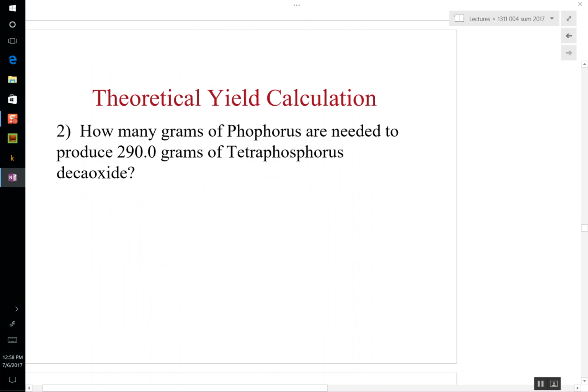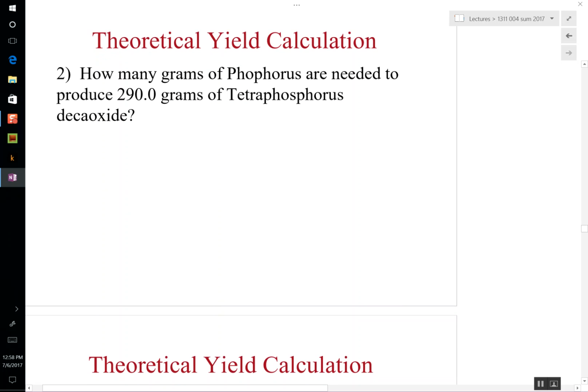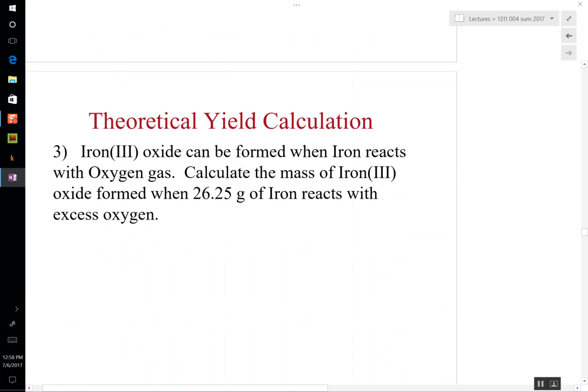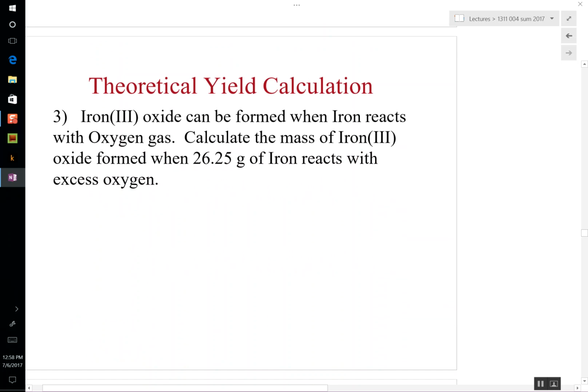Theoretical yield calculation. How many grams of phosphorus are needed to produce 290 grams of tetraphosphorus decaoxide? So you'd have to write an equation there. Theoretical yield calculation. Iron oxide can be formed when iron reacts with oxygen. Calculate the mass of iron(III) oxide formed when 26.25 grams of iron react.